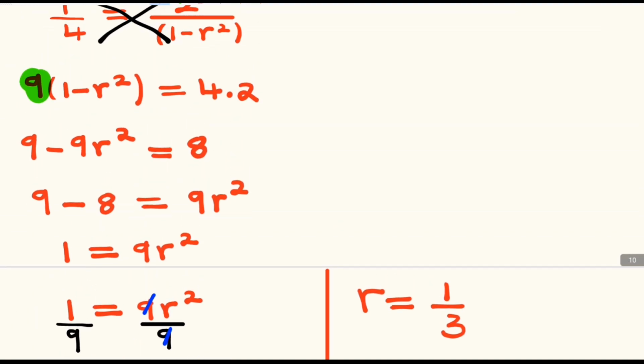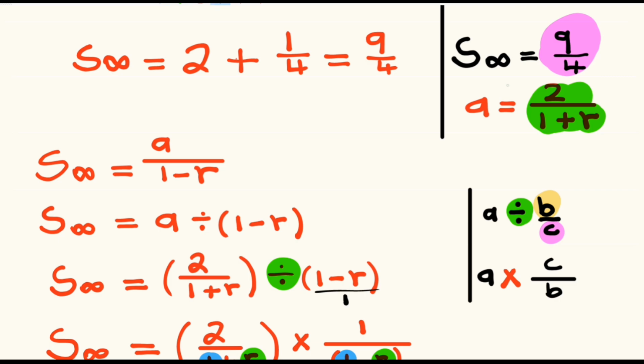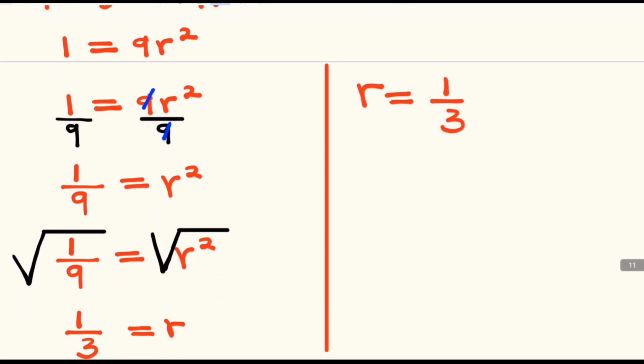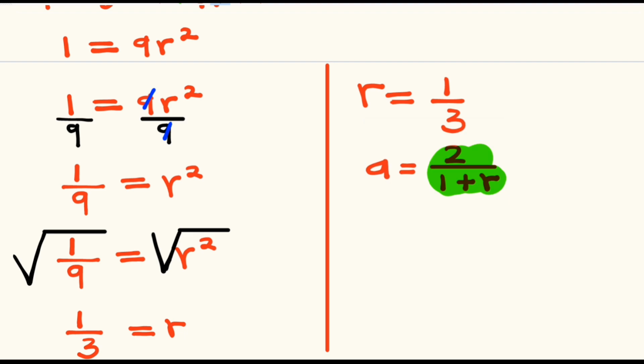So now we are going to substitute r equals 1 over 3 into this formula for a in order for us to determine the numerical value of a. Our a will be equal to 2 divided by 1 plus r, but in the place of the r, let's substitute the 1 over 3.